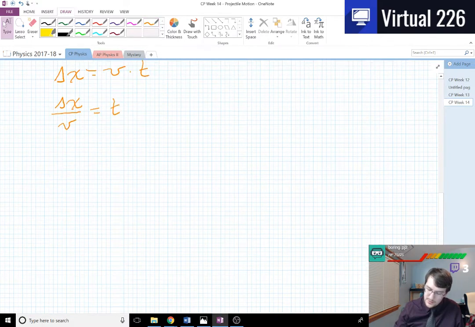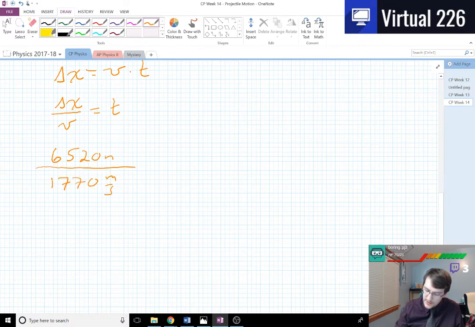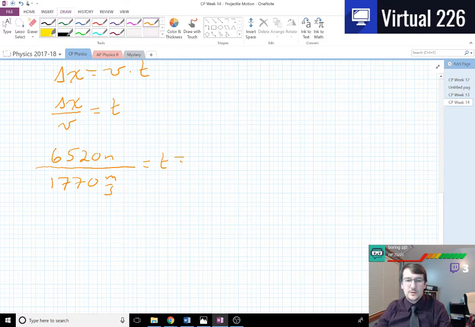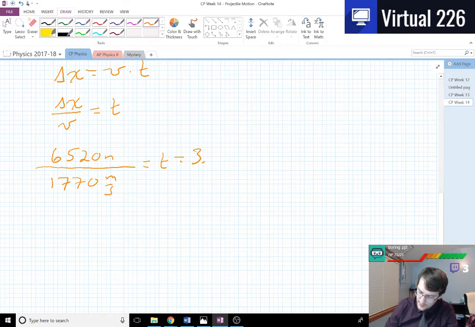The displacement in this problem was 6,520 meters divided by 1,770 meters per second. This equals the time, so let's bust out a calculator real quick. 6520 divided by 1770, about 3.68 seconds.